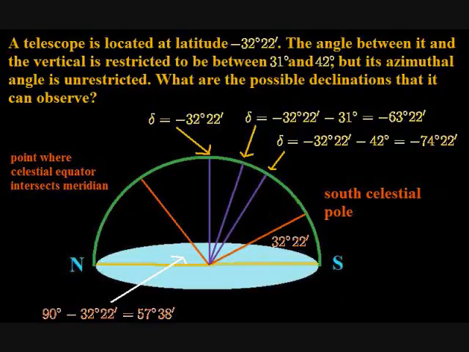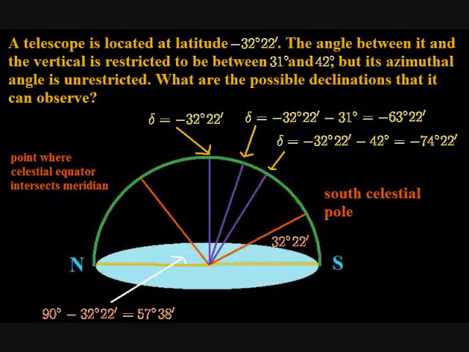The declination of the zenith is negative 32 degrees 22 minutes, and it's 42 degrees south of the zenith. So the furthest south that it can see is negative 32 degrees 22 minutes minus 42 degrees, which is negative 74 degrees and 22 minutes. So that's the furthest south the telescope can look.